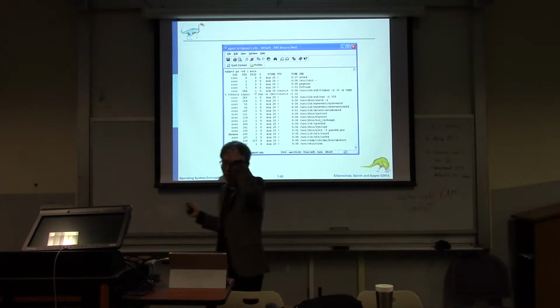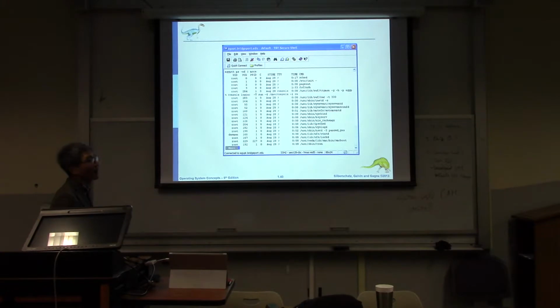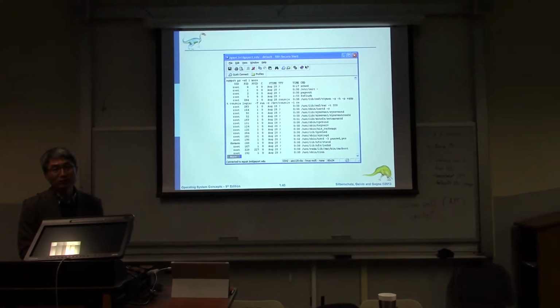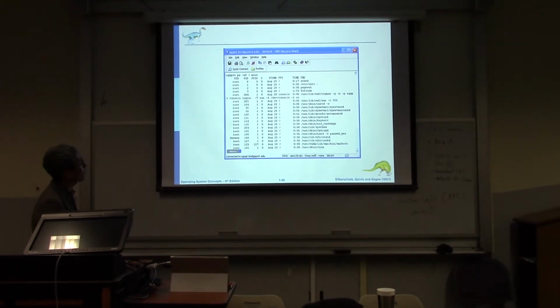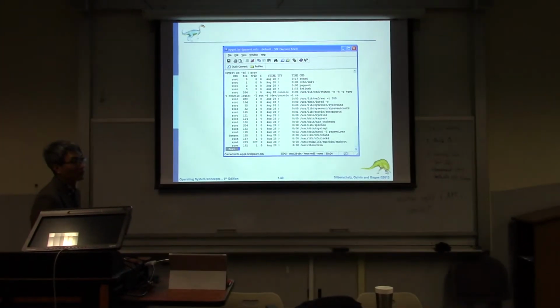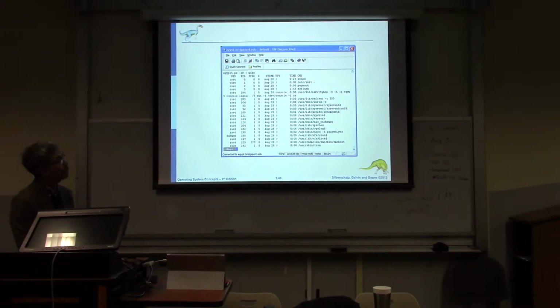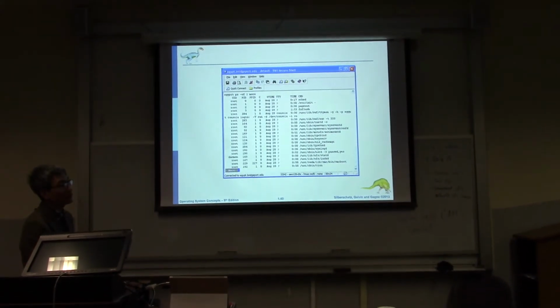Everything is a process. So for example, this is the list of the processes. Which means they are in the memory. So the CPU resource is allocated to each process, because we have only one or two processors, CPUs, but we have so many processes.